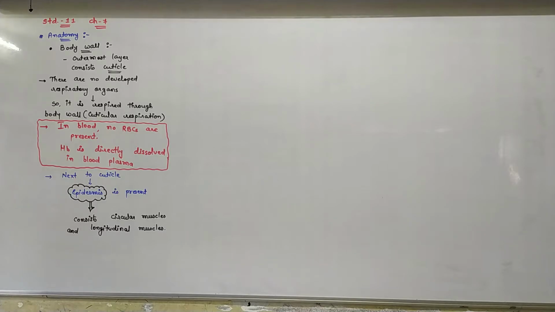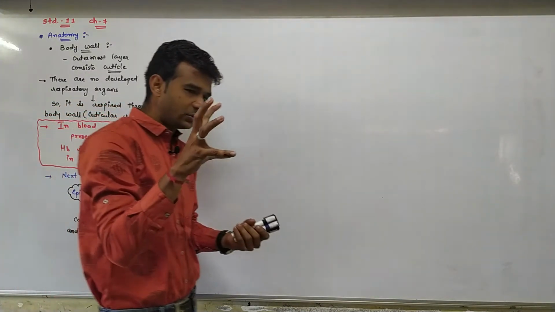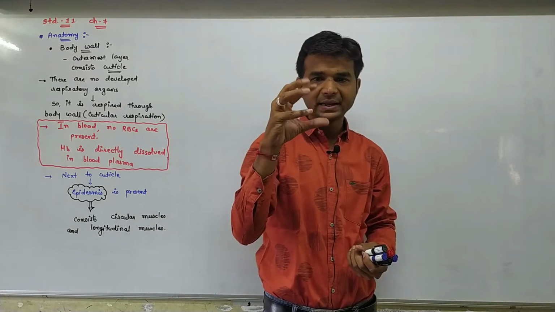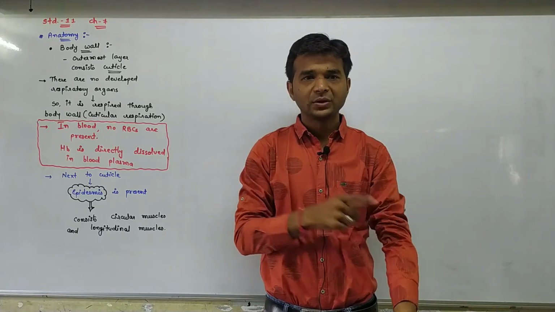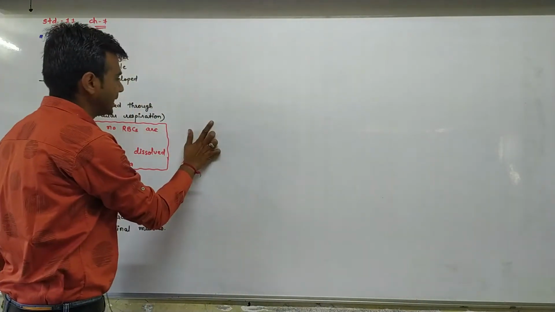This epidermis consists of circular muscle and longitudinal muscle. The circular muscles do the movement like this, and the longitudinal muscles do it like this. You know that the earthworm is a crawling animal.